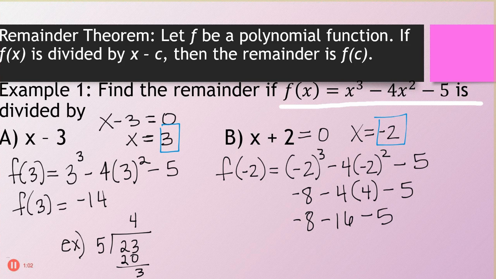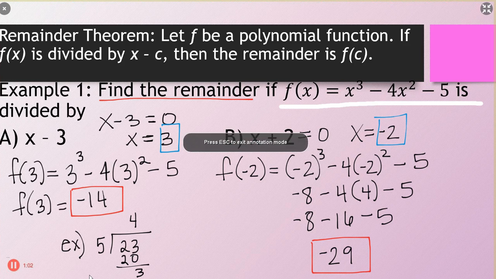Let me make sure though. 8, 16, and 5. Yep, negative 29. So that is your remainder. So it says find the remainder, and we did that by evaluating f of 3 and f of negative 2. That's example 1.